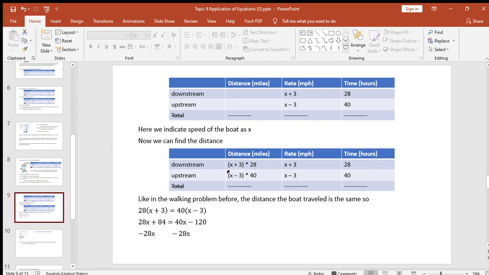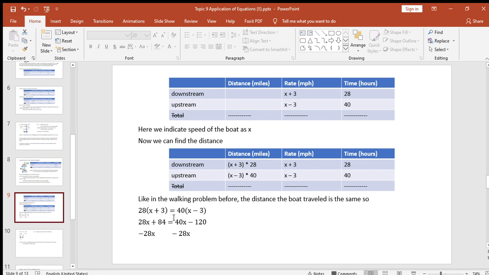So that means whether you're going downstream or upstream, the distance has to be the same. So that means (x plus 3) times 28 has to be equal to (x minus 3) times 40. As shown here, this one's a bit cleared up. We moved the 28 in the front and the 40 in the front in this part, but they're basically the same thing.